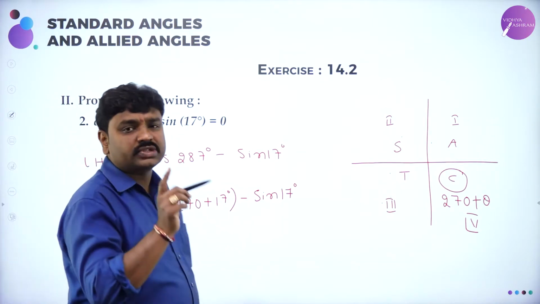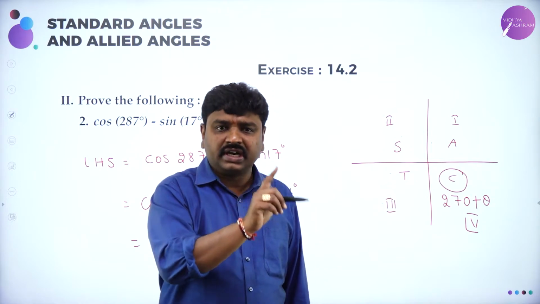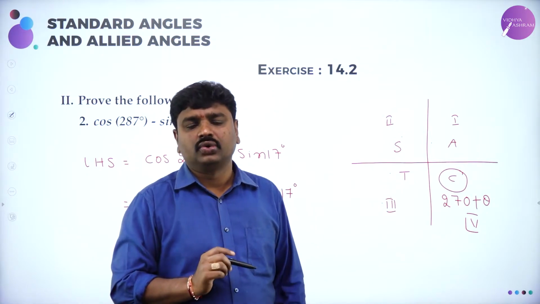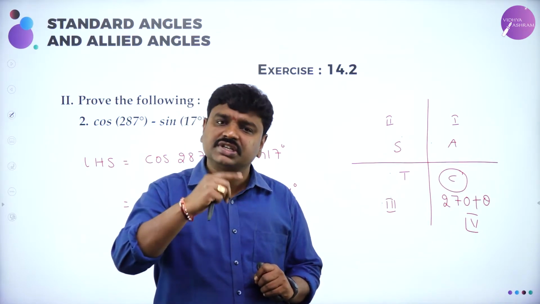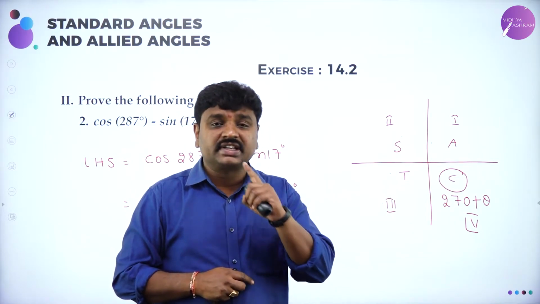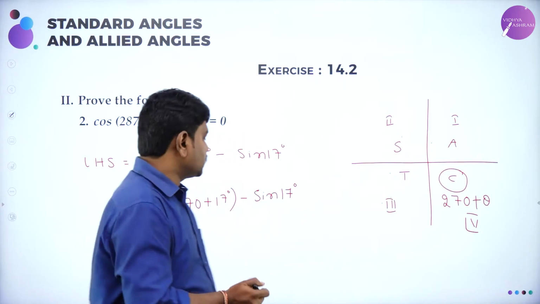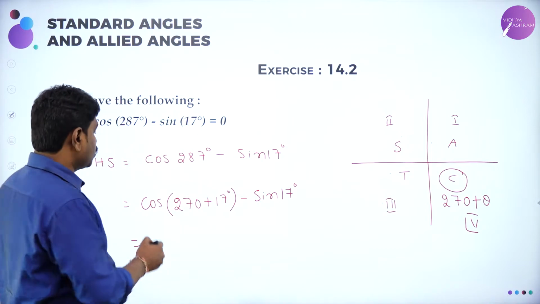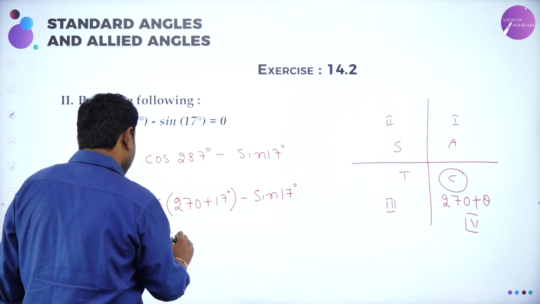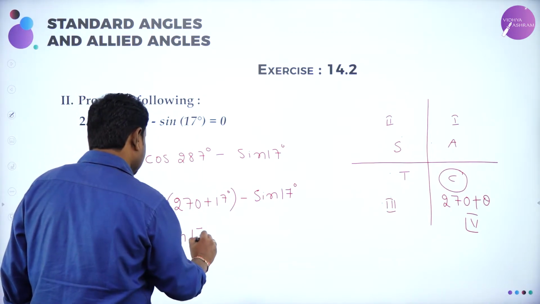And you know, for 270 and 90, the function changes to co-ratio. For 270 plus or minus theta and 90 plus or minus theta, the function changes to co-ratio. For 180 and 360, no change in the function. This is 270, so for 270 and 90, the function changes. So cos changes to what? Sin. Sin theta. Theta is 17. Sin 17.